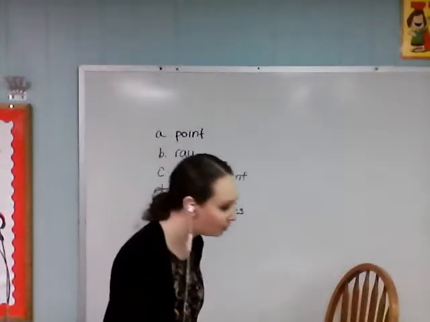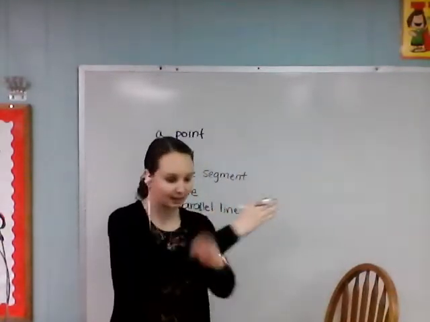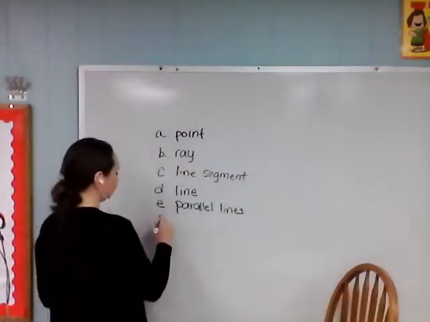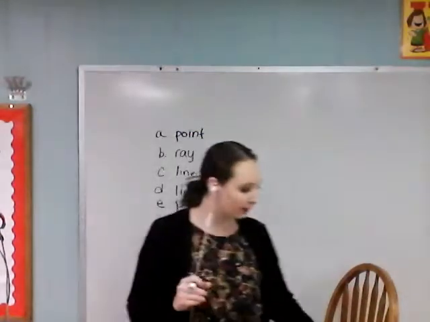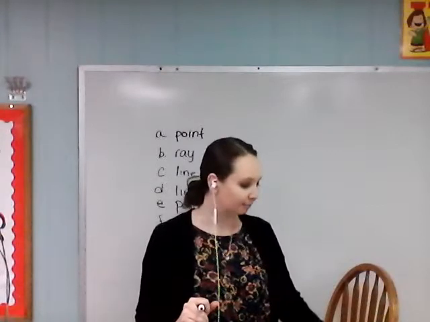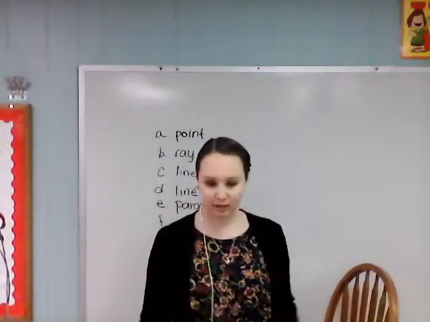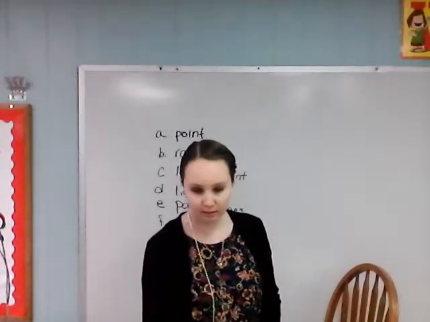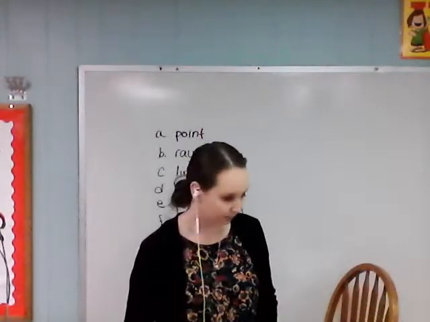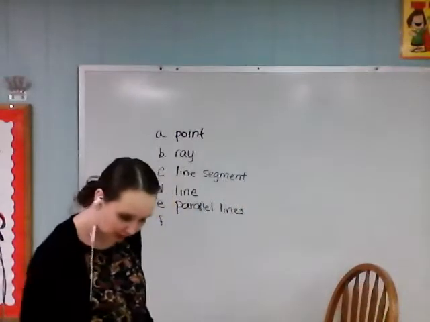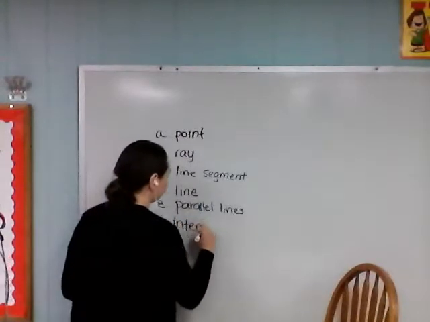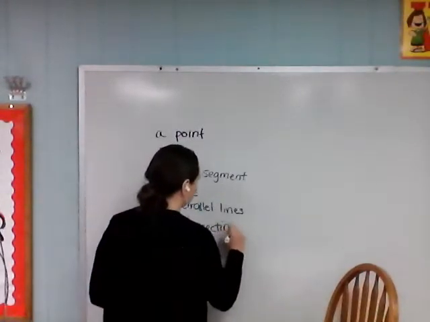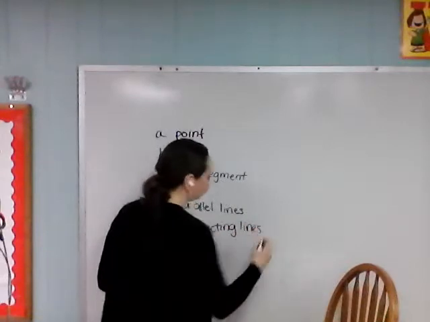Tyler D., tell me what kind of lines go like this at an angle for F? No, that's not the point. Look at F, the kinds of lines. It's the same as number 7 in your yellow box. Very good job. So that one is intersecting. So everybody write intersecting lines down.